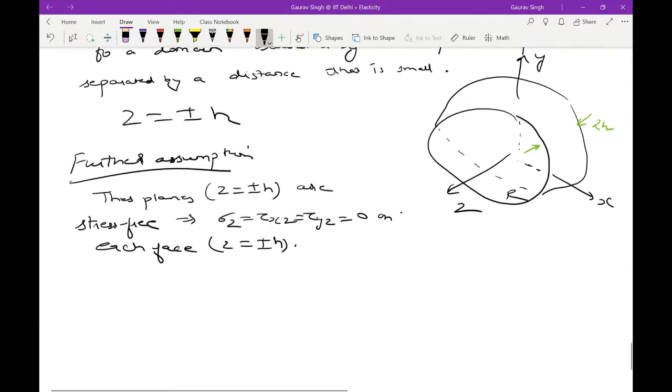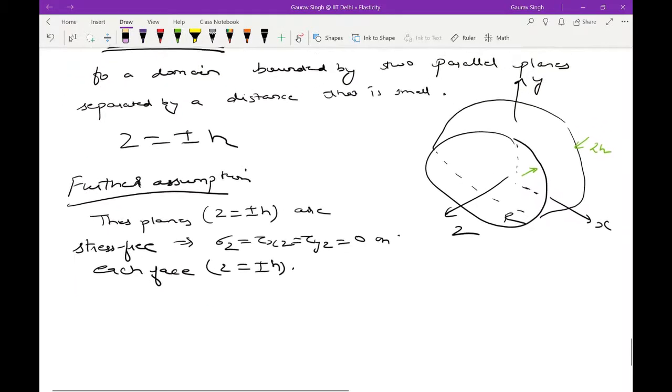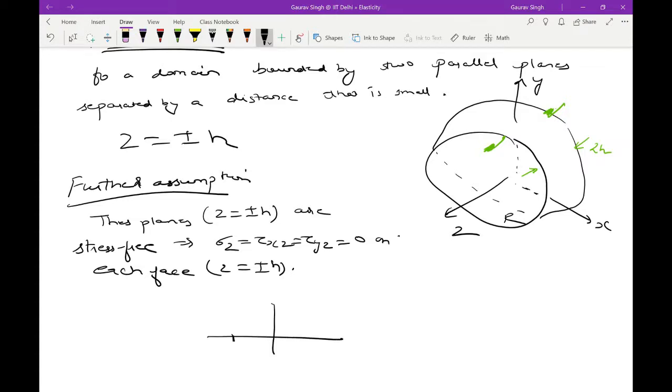Now this is the cornerstone of this theory, because the region is thin. Let me explain what I mean. See, this region is very thin over here. So if the stress, say sigma z, is 0 on this face and it is 0 on this face, say you have z equal to minus h and z equal to plus h, and say this axis is sigma z.